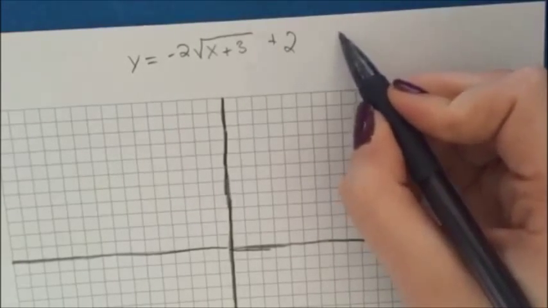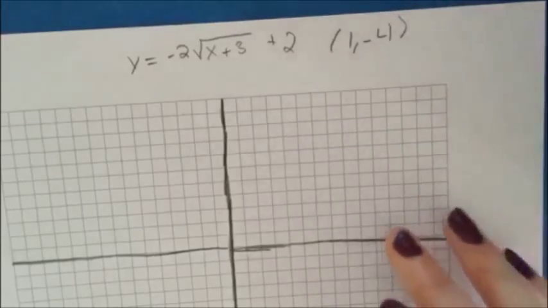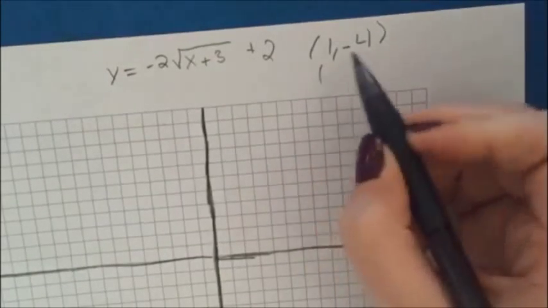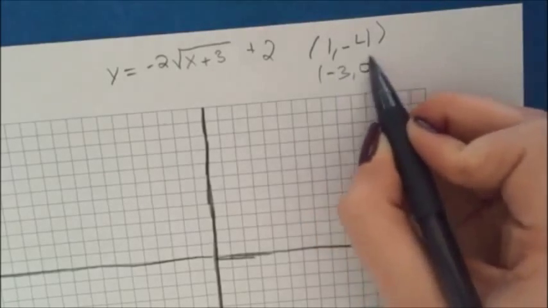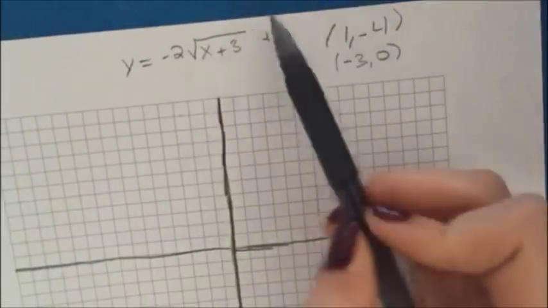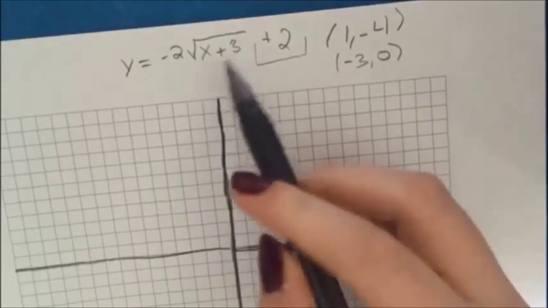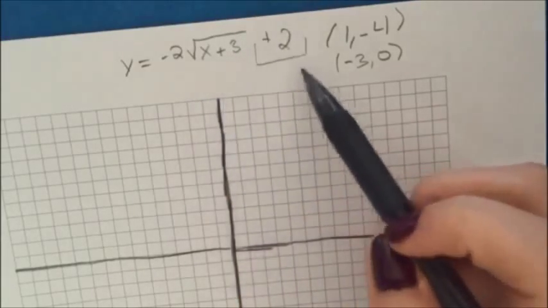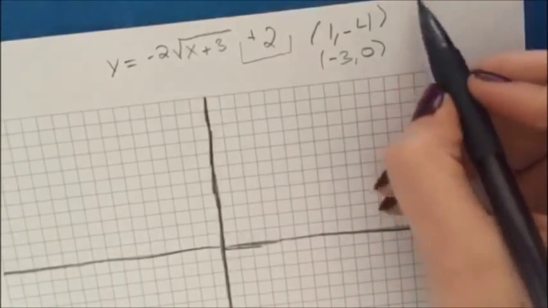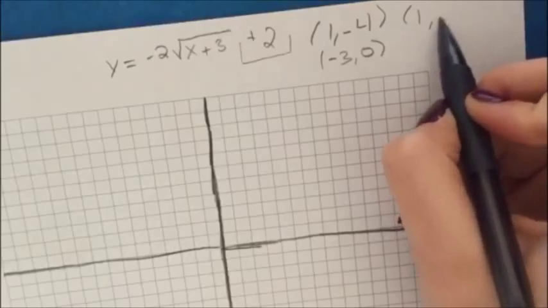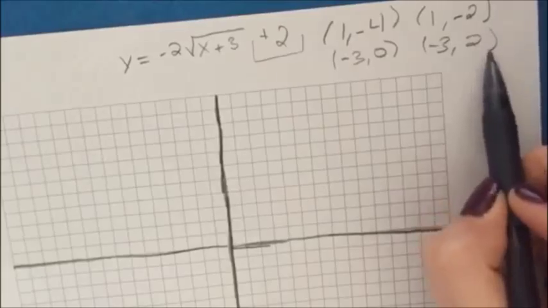Our reference point was 1 and negative 4, and our starting point of our function was negative 3, 0. Because this part is outside of what directly affects the x, it causes all of the y components to shift up 2. This would cause our two reference points to become 1 and negative 2, and negative 3, 2.